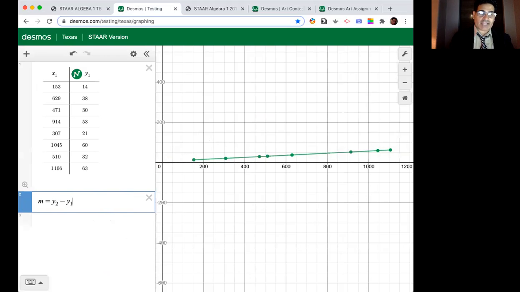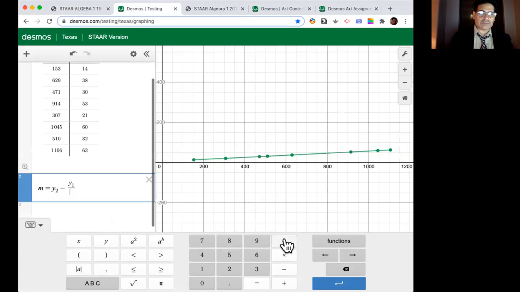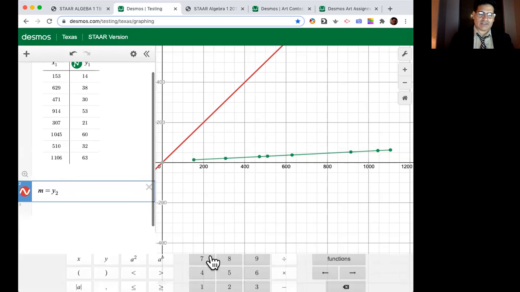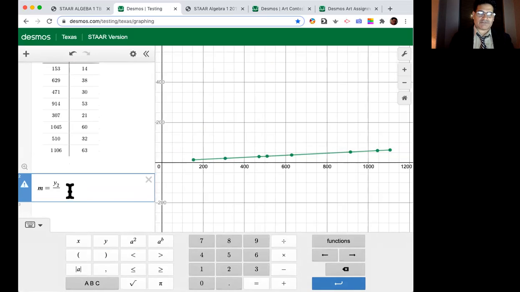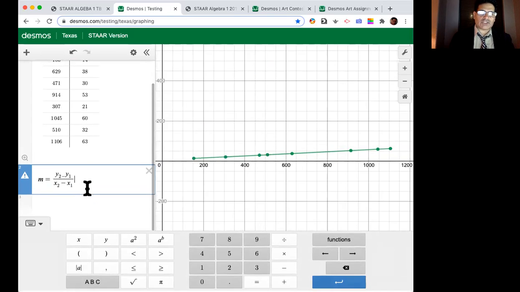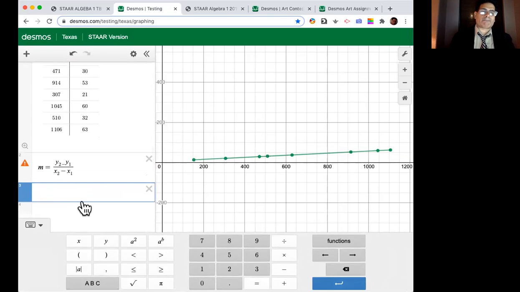And that is a fraction. Here we hit our division sign. And that gives us a fraction, Y2 minus Y1 over X2 minus X1.